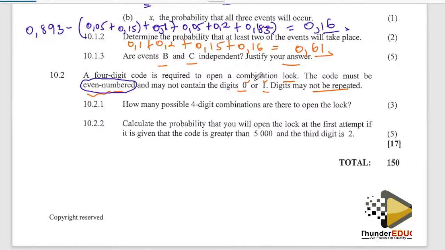What does that mean? And may not contain digits 0 and 1. But then they're telling us digits may not be repeated. Can somebody help us? What does the term even numbered mean?